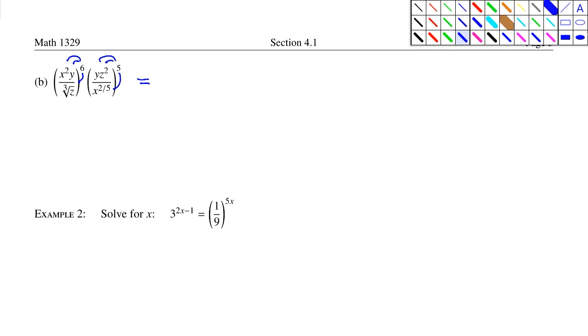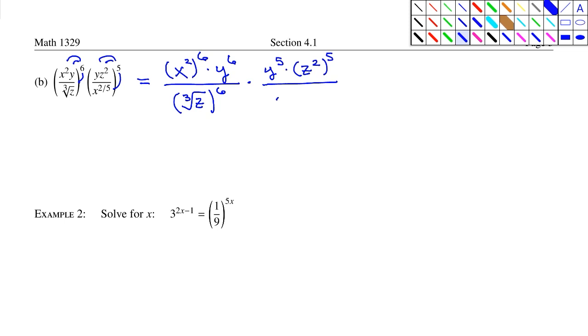So we have x squared to the 6th times y to the 6th divided by the cube root of z to the 6th, times y to the 5th times z squared to the 5th, divided by x to the 2/5 to the 5th.